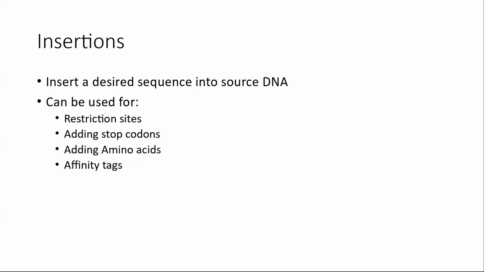Adding in stop codons, so if you want to only express a certain part of a gene, especially for larger systems, such as super complexes and things like that, just to look at one functional group, that's useful. You can add in amino acids. This can be used to add affinity tags, which I've also added, but it just shifts everything over in the same reading frame.